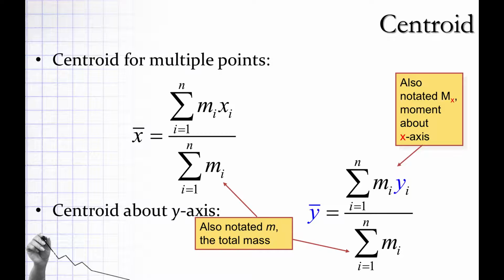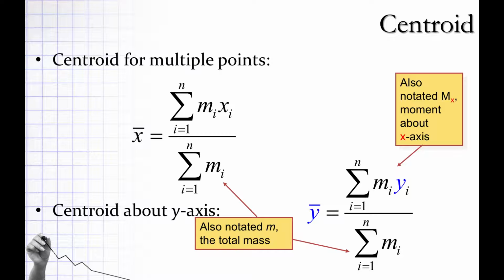Wait, why is it about the x-axis? Because the other one's with respect to the x. This guy's with respect to the y-axis. Yeah. So this guy's with respect to the x-axis, but then it's about the y-axis.